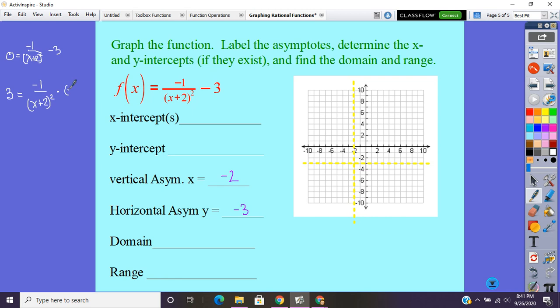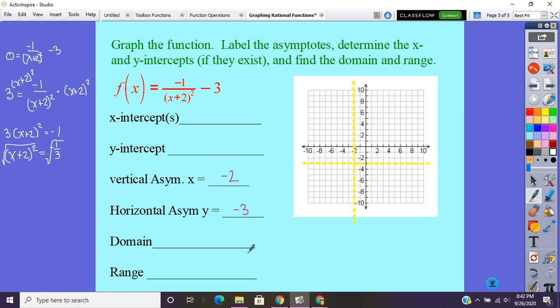Multiply this over both sides, which leaves me with 3 times x plus 2 squared equals negative 1. Divide by 3, x plus 2 squared equals a negative 1/3. And if you don't catch it yet, square root, we cannot square root a negative.